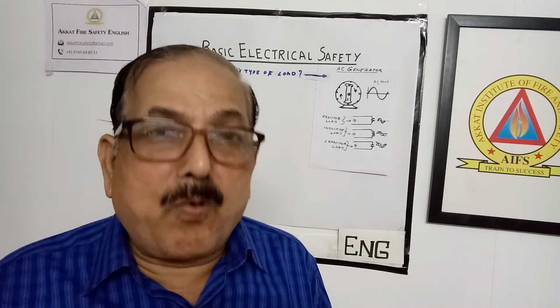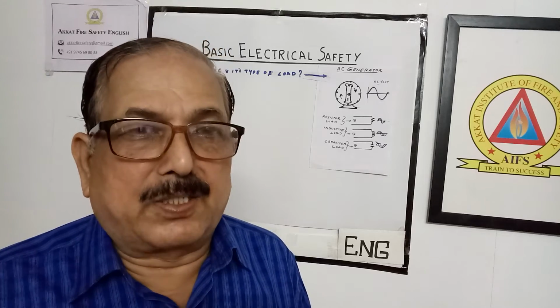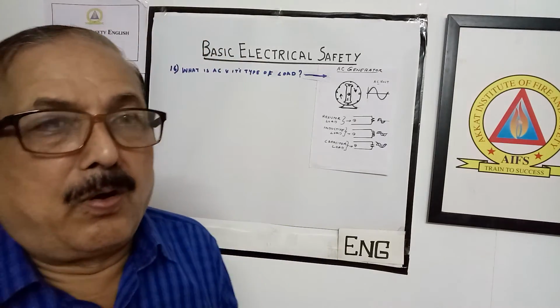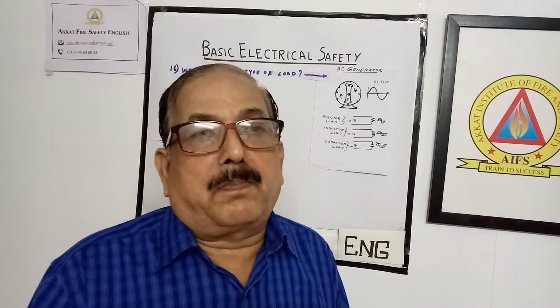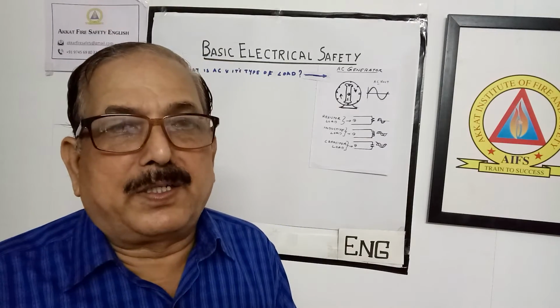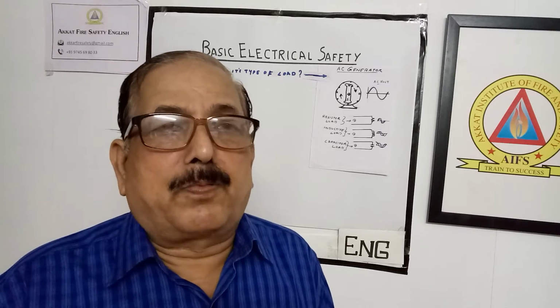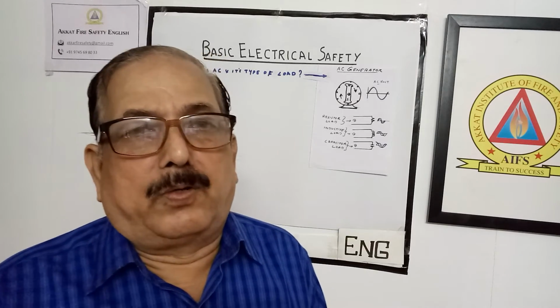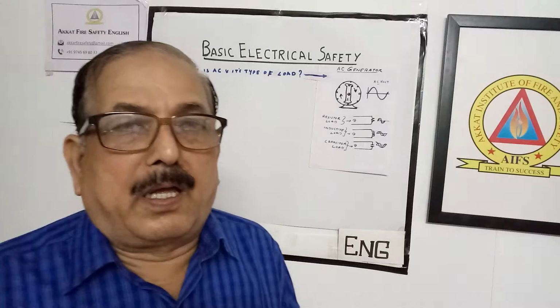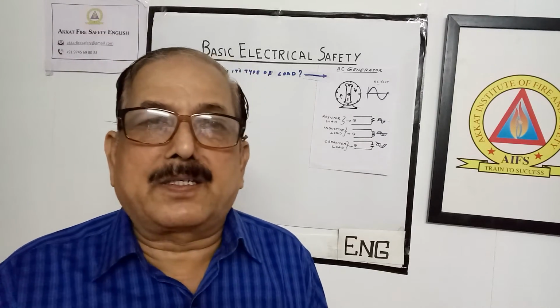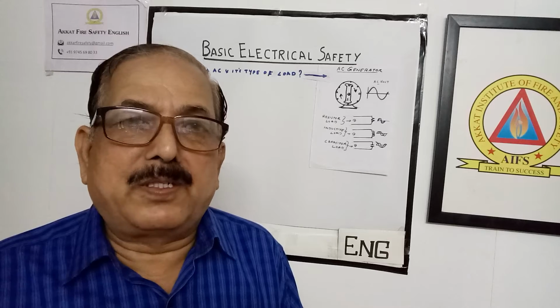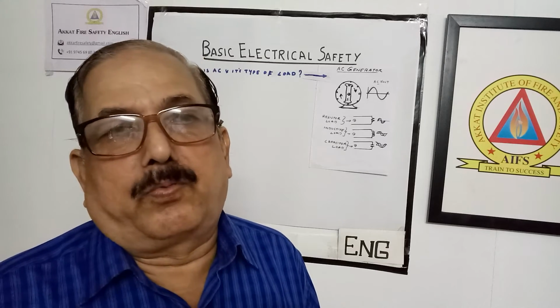Because what will happen, if low power factor, more kVA capacity of the generating station is required in order to get an active load. Depending upon the load condition, that power factor may be varying. As a simple example, suppose 1000 kVA load is there. If the power factor is 1, then we get the same 1000 kilowatt.